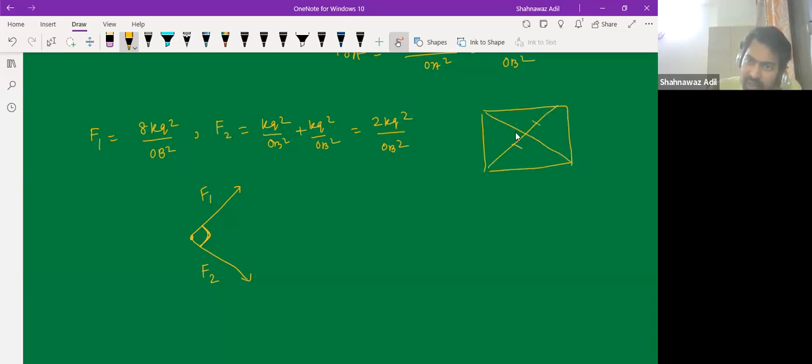They are at 90, so this angle is 90. This is F1, this is F2. Is that clear to you? So you have the F1 vector and the F2 vector. What would be the resultant of these two vectors?